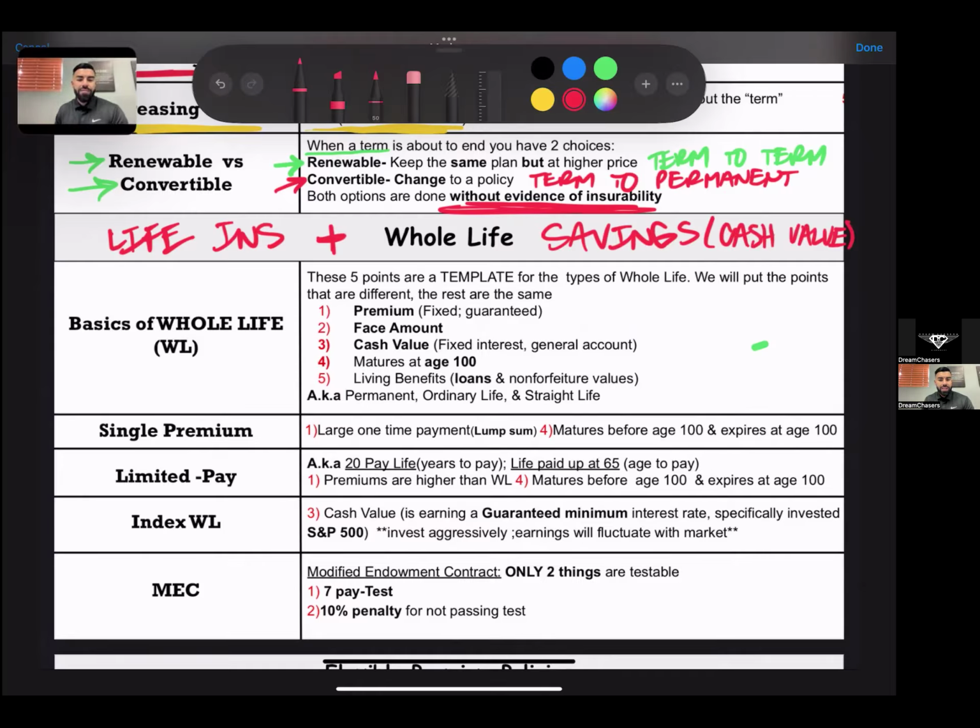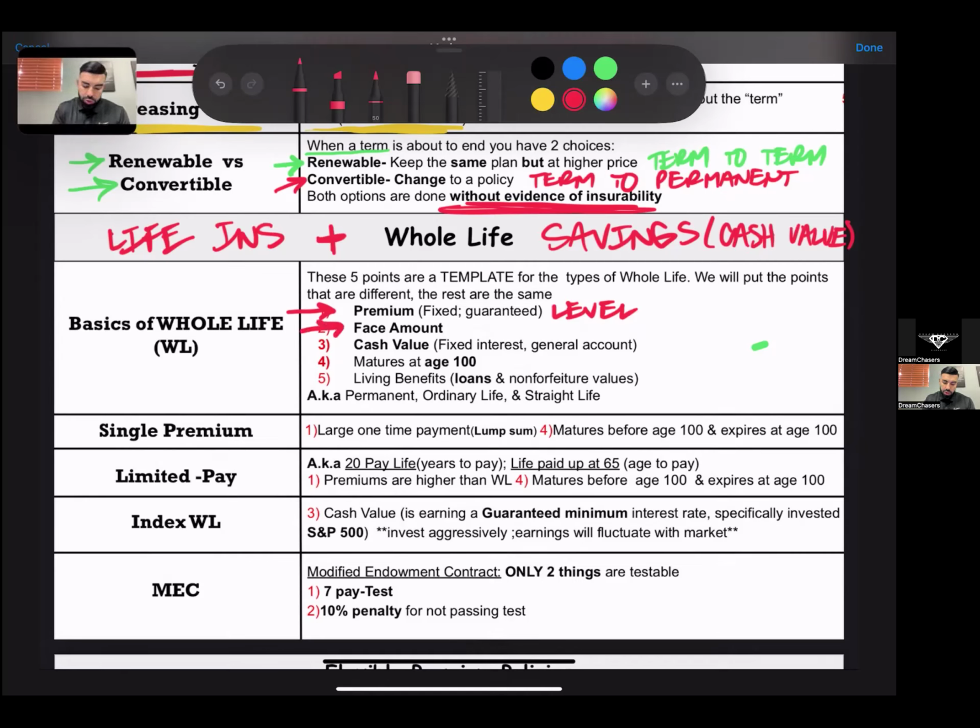Now, five key basic points of whole life insurance. Number one is that it has a level fixed premium. So just like term life insurance, whole life insurance has a level premium, meaning it's going to stay the same for as long as the person has the policy.